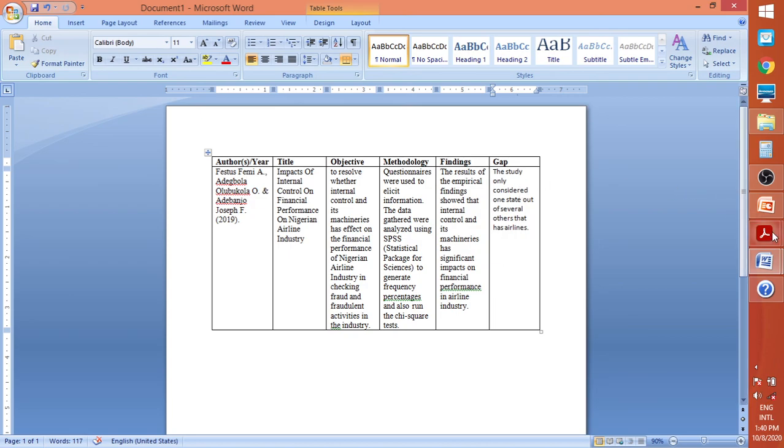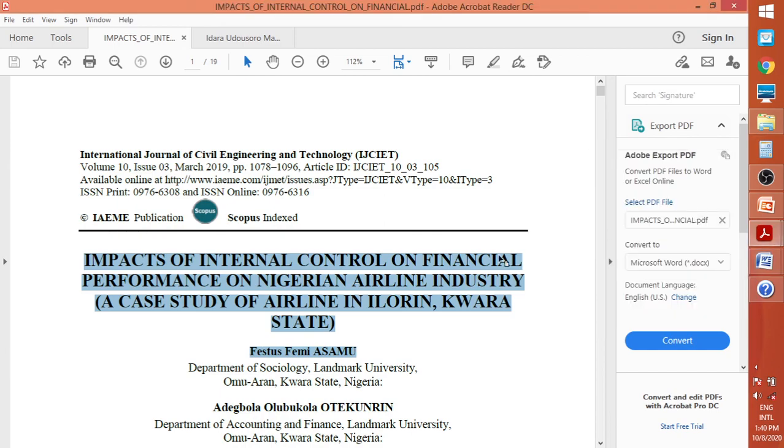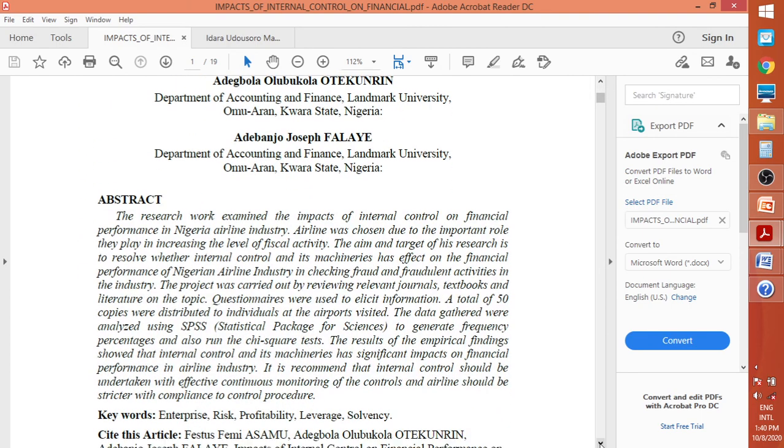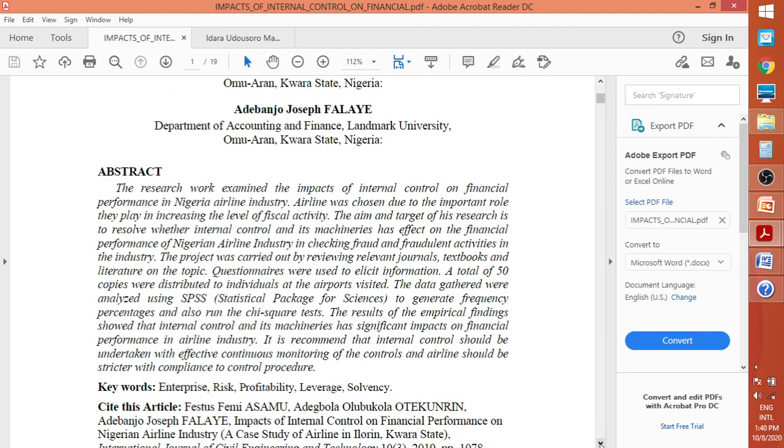So we could actually still look at this article. What of a situation whereby this article actually studied up to 3 states? That means the studied states is no longer a gap. So we look further. Since this work is a primary data work, we'll look further into the number of questionnaires which were distributed.